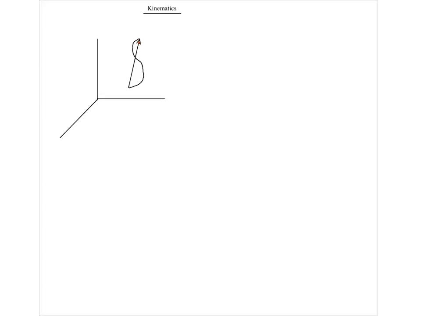So interestingly, if you have any closed journey, like going to the school and coming back, or going to a shop and coming back, it doesn't matter how you go there, as long as it's a closed journey, you are back at the same place. Your displacement is always zero.